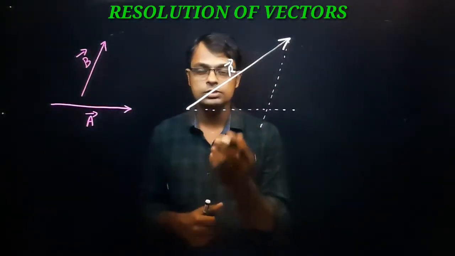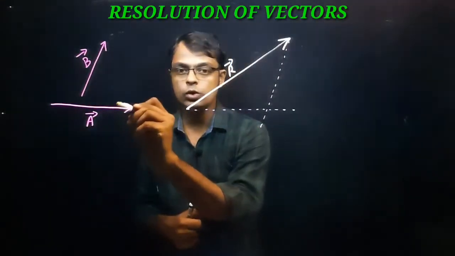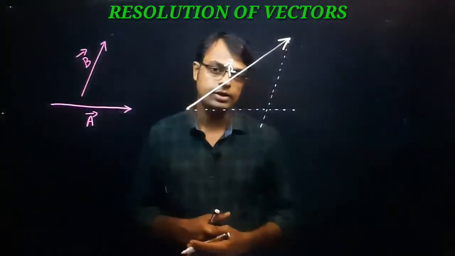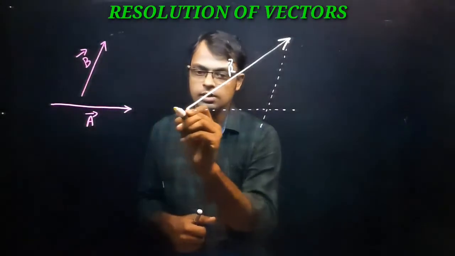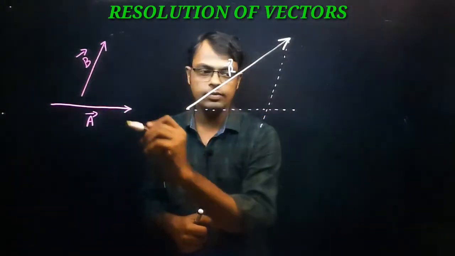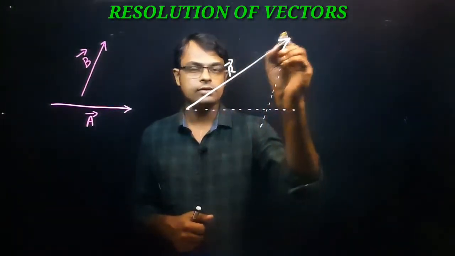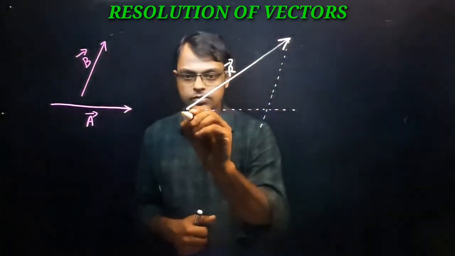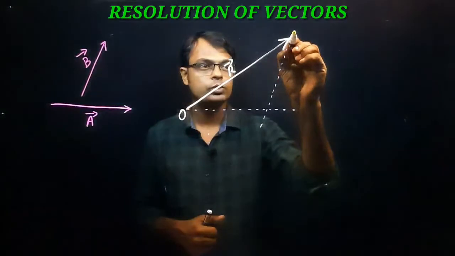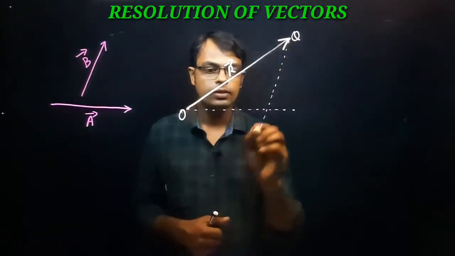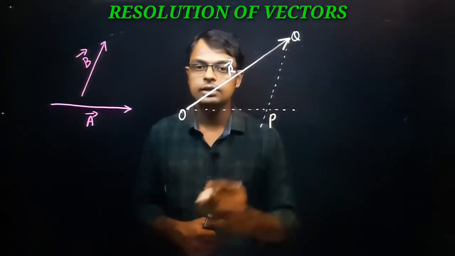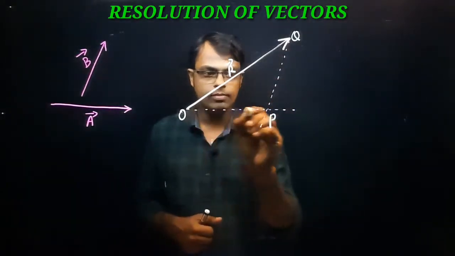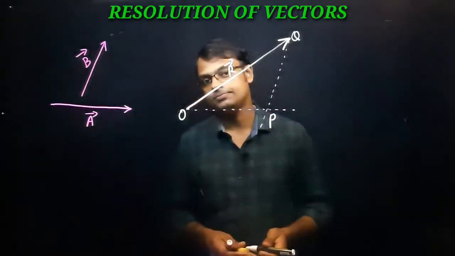For that purpose, we have drawn two parallel lines in the same direction as A vector and B vector. This is the one line parallel to A vector, and this is a line parallel to B vector. Giving the names here O, Q, and this point as P, you can see at the point P these two imaginary lines are intersecting.